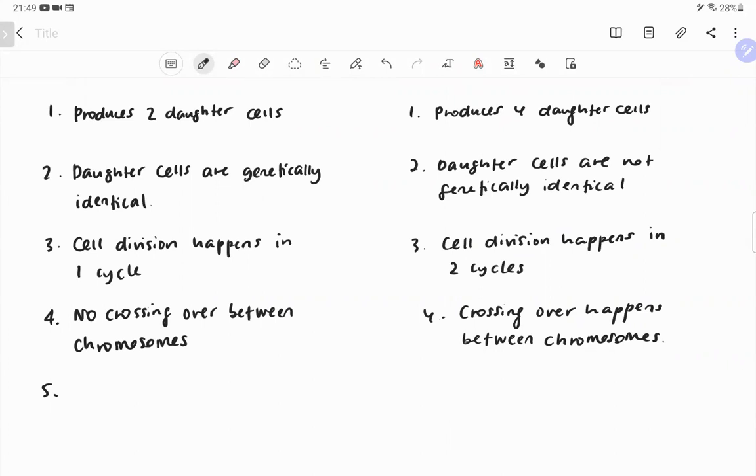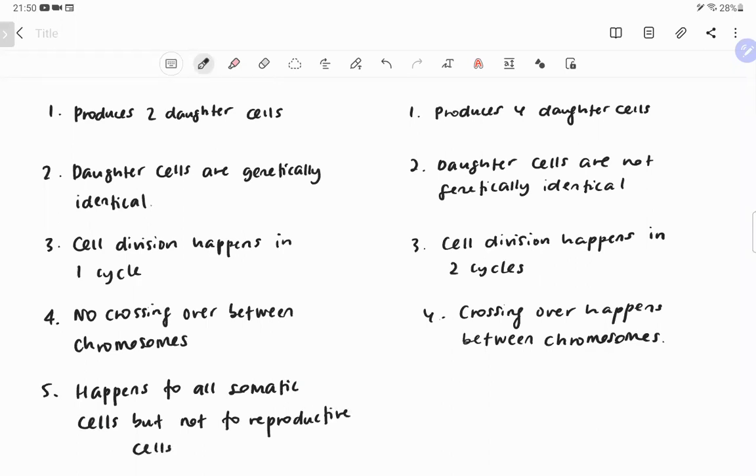So you can say here, mitosis happens to all somatic cells, but not in reproductive cells. And then number 5 over here for this one happens to only reproductive cells.